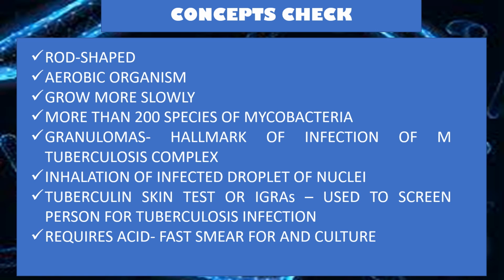Humans acquire tuberculosis from inhalation of infective droplet nuclei. The tuberculin skin test or IGRAs are used to screen persons for tuberculosis infection, and lastly, diagnosis requires acid-fast smear and culture.